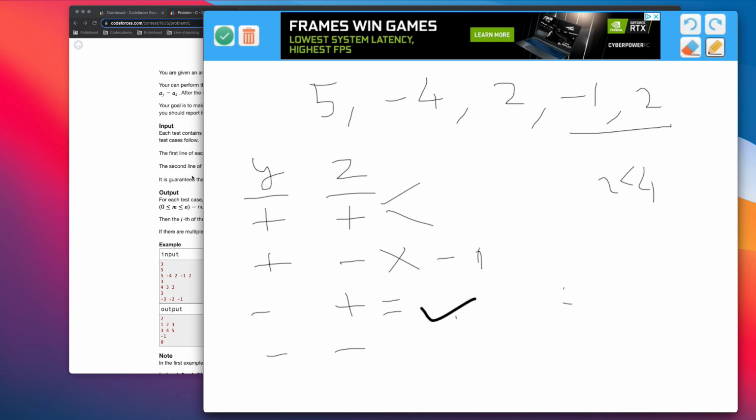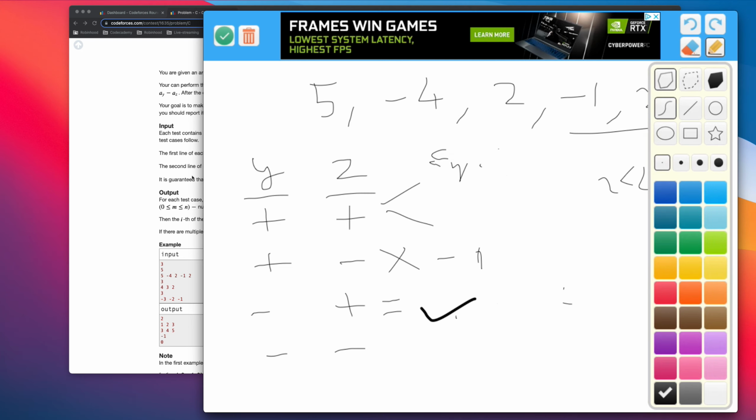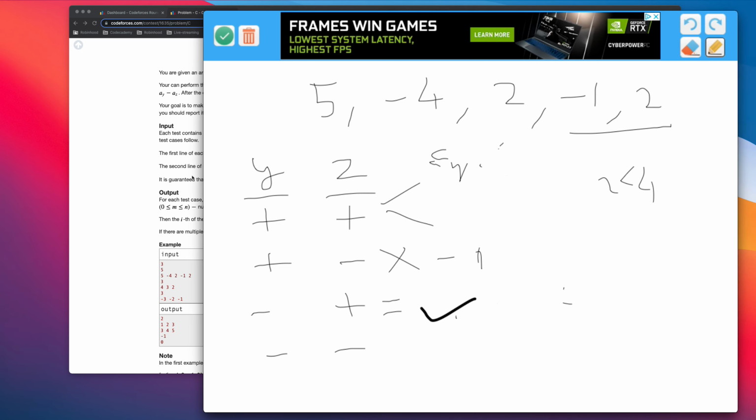If ay is less than az, then the answer is possible. If ay is greater than az, then it is not possible.